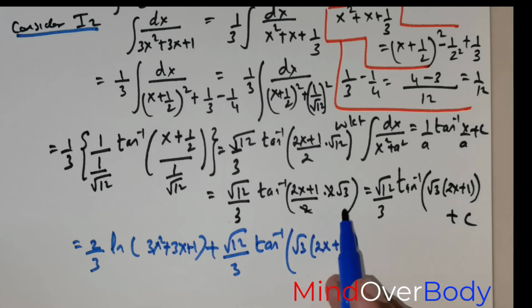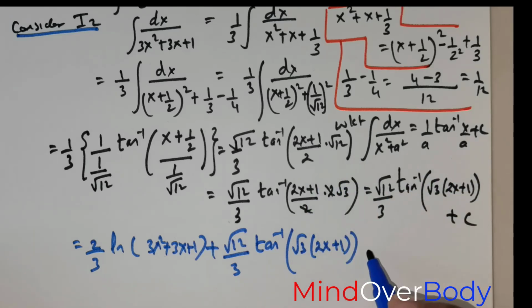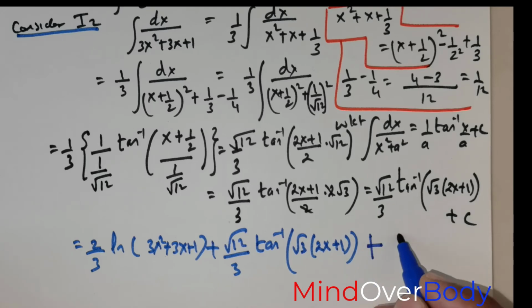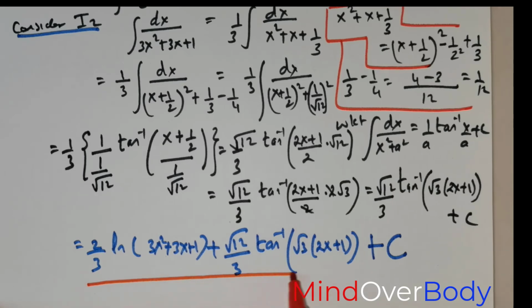Now this was obtained because we simplified this root 12. Of course we need to place the important arbitrary constant c.